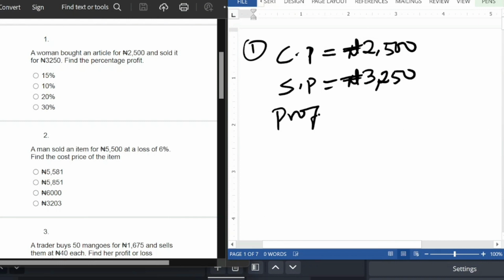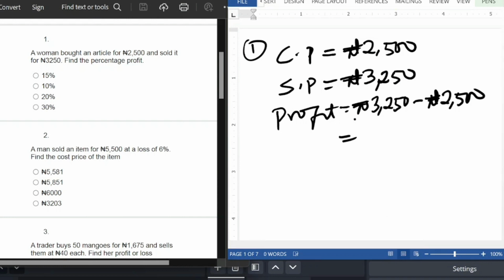The profit is 3,250 minus 2,500, and that gives us 750 naira.